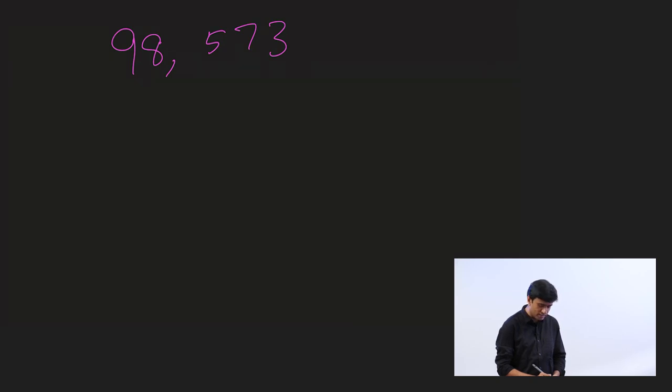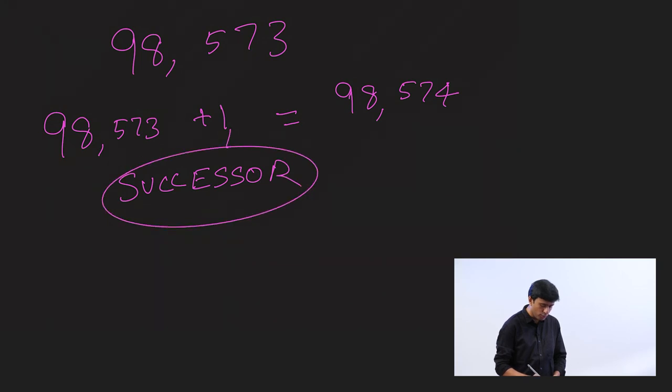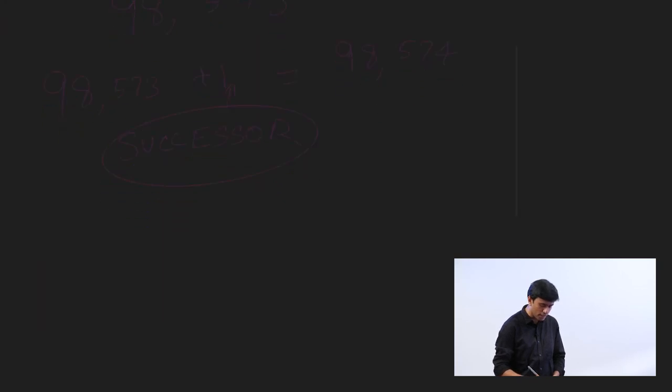To find the successor of a number, you just need to add 1 to this number. So 98,573 plus 1 is 98,574. This is the successor. So remember, to find the successor of a number, you just need to add 1 to the number.